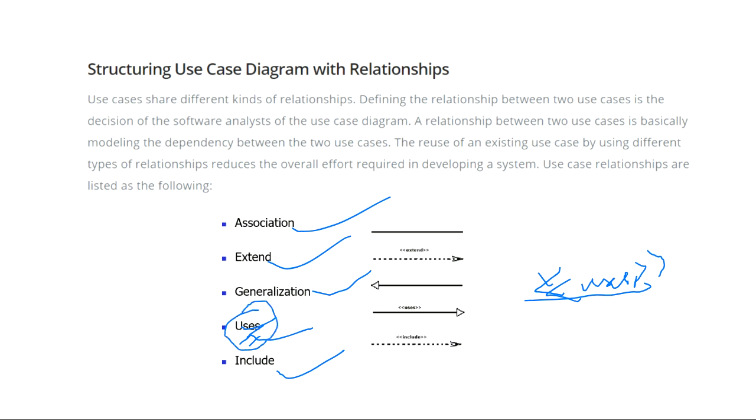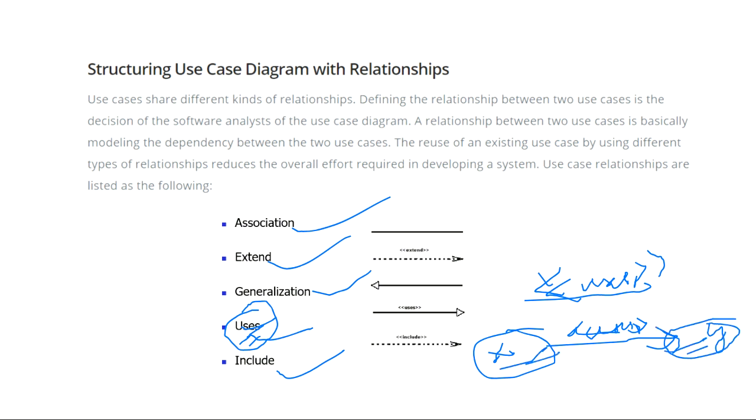But this means that if this is a use case, suppose X use case, and this uses, say, Y use case, this means X requires Y. It is not a very important relationship, and you will not see this in most of the diagrams, because we primarily need only those four. This uses simply means that if there is a uses between two use cases, the first use case is using the second use case to fulfill its goal.